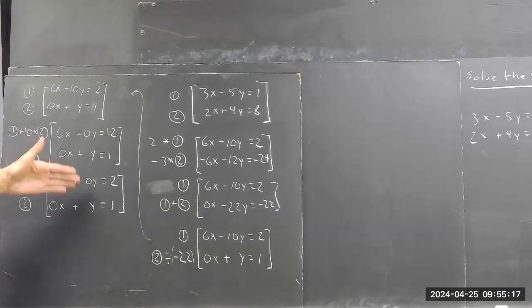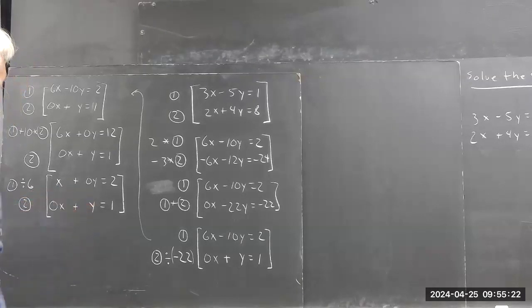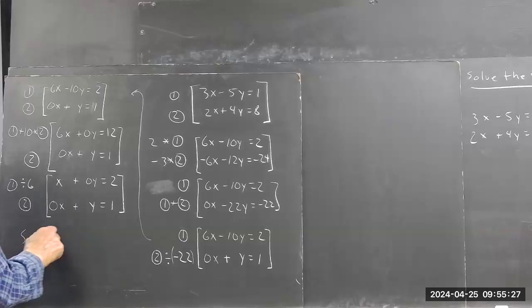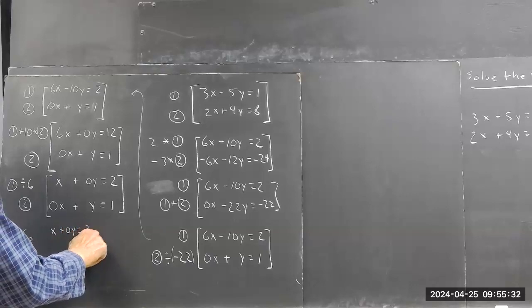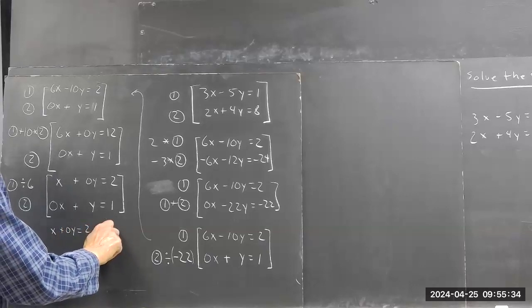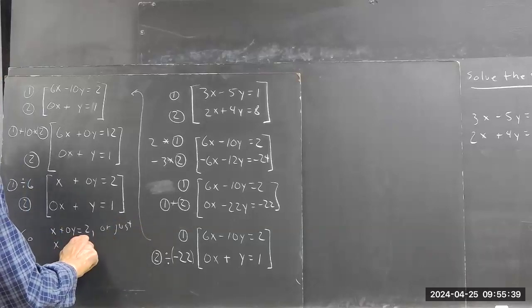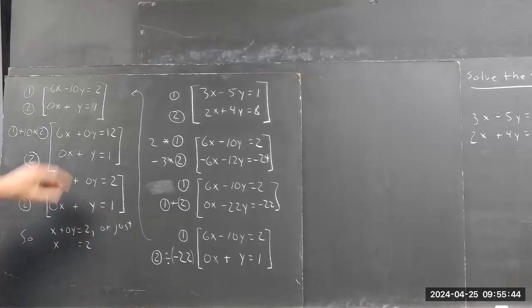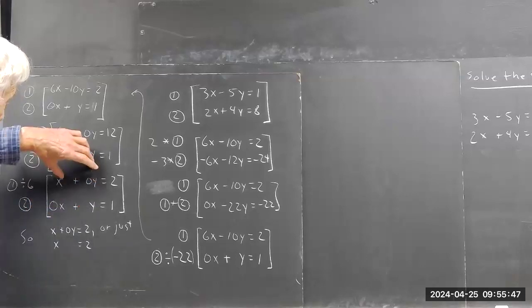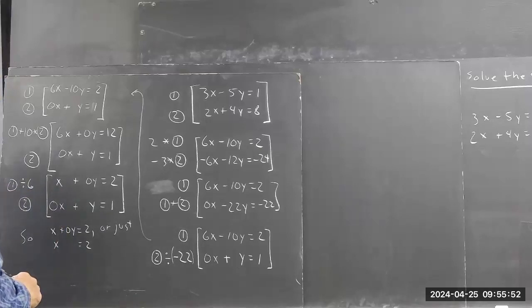And at this stage, we can then write the two equations. So x plus 0y is 2. So we no longer, when we bring it out of the brackets, write the 0y anymore. So x equals 2.